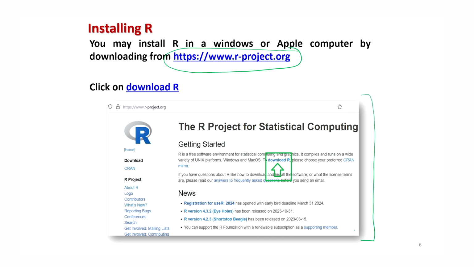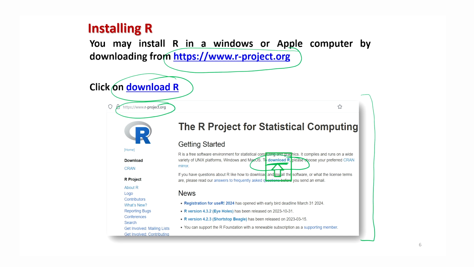That is the screenshot I have taken here to explain to you. Here you can see the address of the website. As soon as you open it, there is a section, a line where it is written Download R, right? If you just click on this Download R, then you will come to the next screen.